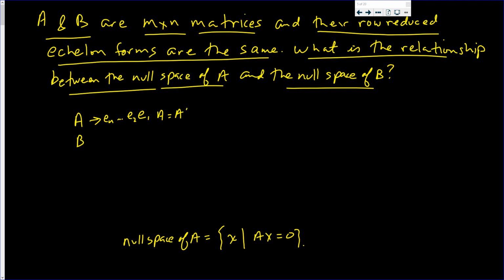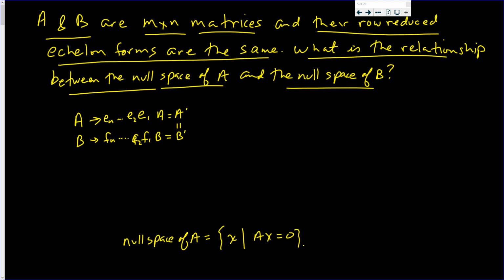And then you have matrix B, and you perform elementary row operation 1, I'll call it F1, and then elementary row operation 2, all the way down to Fn. And when you multiply this by B, you get B prime, which equals A prime.